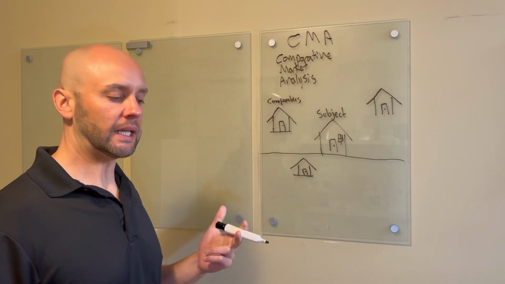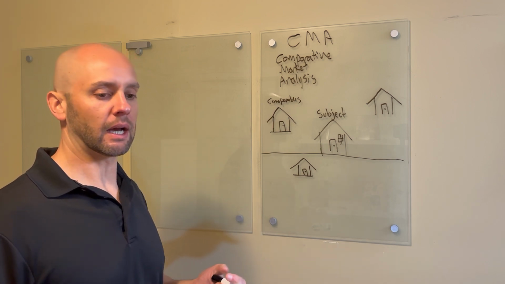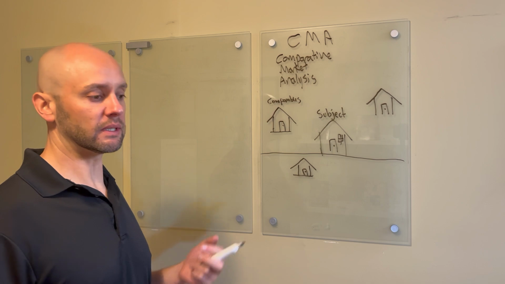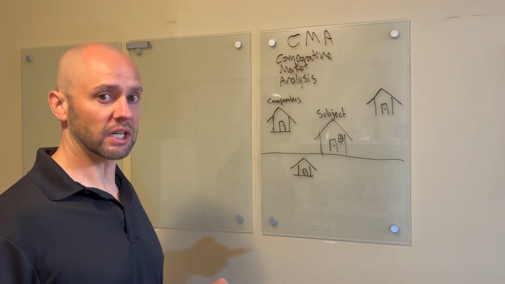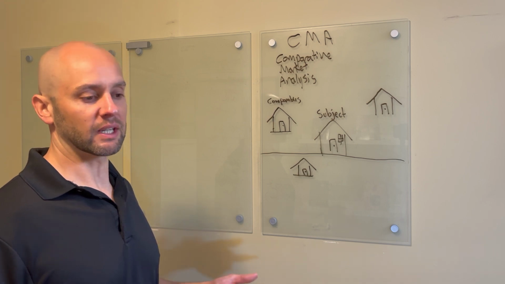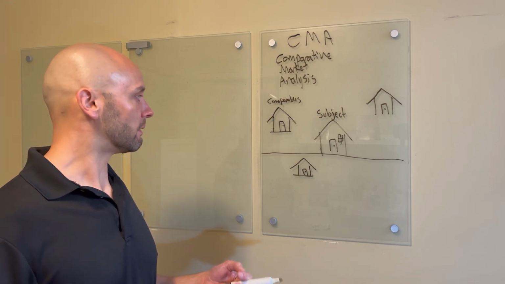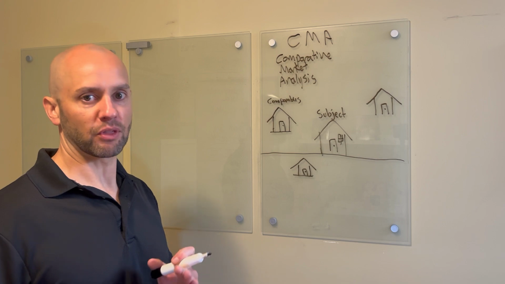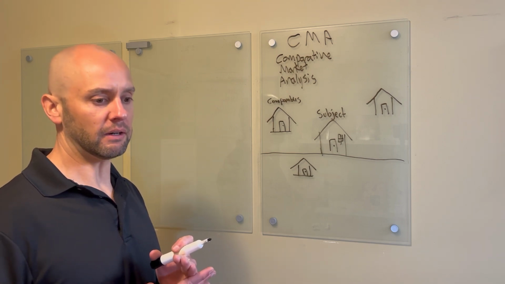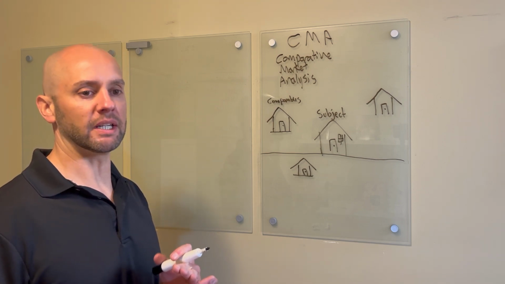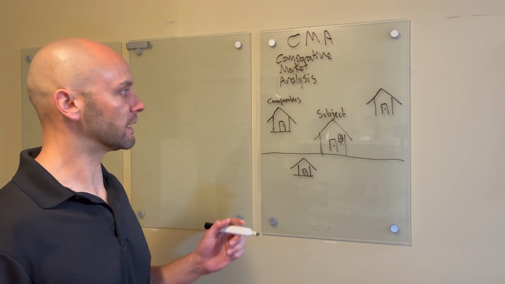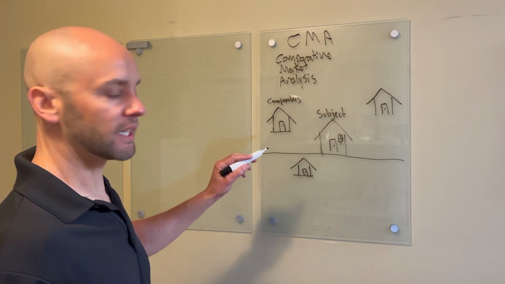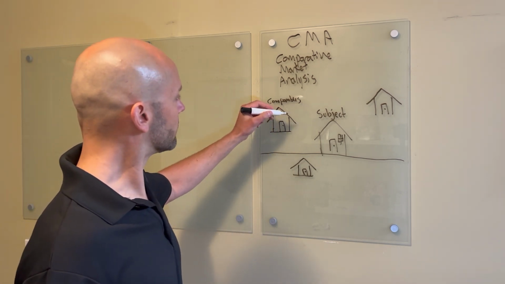Now, if you're a licensed appraiser or a real estate agent, there are some nuances to making these adjustments. For example's sake, I'm going to keep it simple. Typically, you'll find three areas of each comparable property to make adjustments to in order to bring it in line with the subject property.